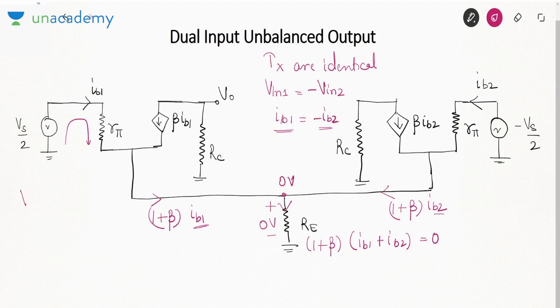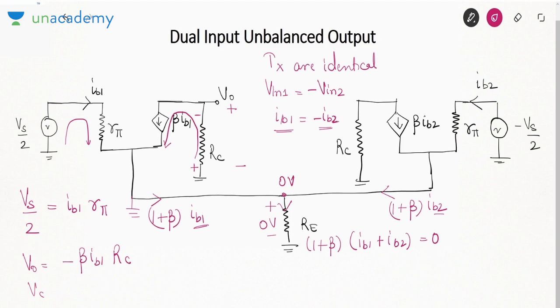So Vs by 2 equals IB1 into R pi, because this terminal is 0 volt, or you can say grounded. Then V0 is this polarity, but due to this beta IB1, the polarity induced will be negative. So you can say V0 is minus beta IB1 into RC.